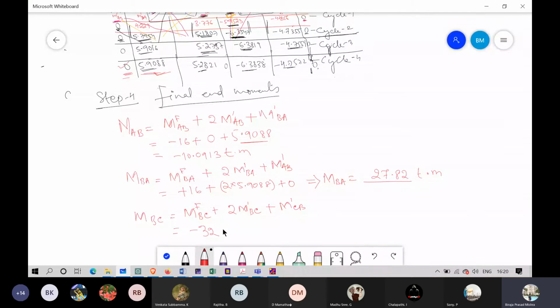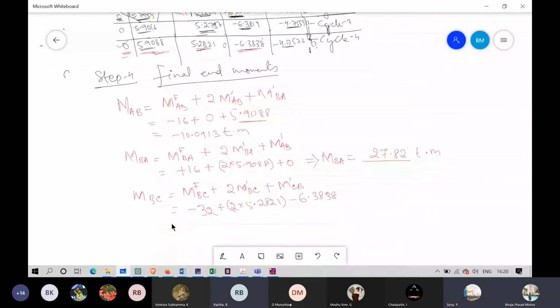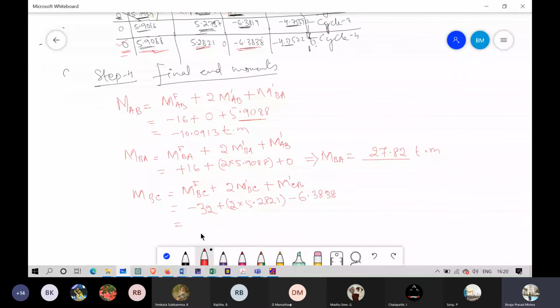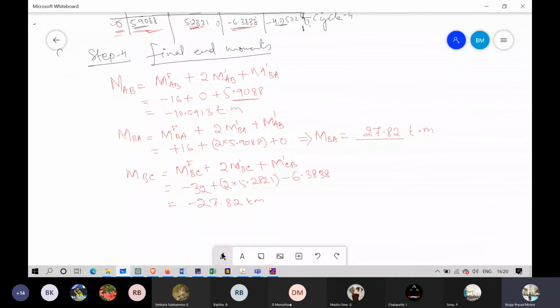So minus 32 plus 2 into 5.2821, plus M dash CB, which is minus 6.3838. Please find out the value. Minus 27.82 ton meter.